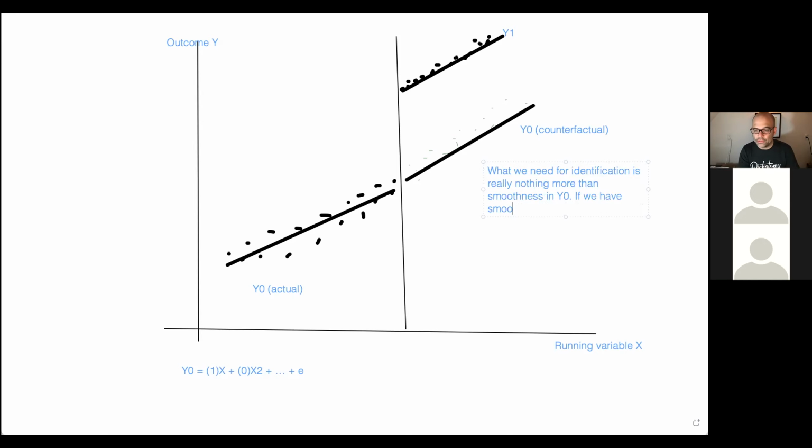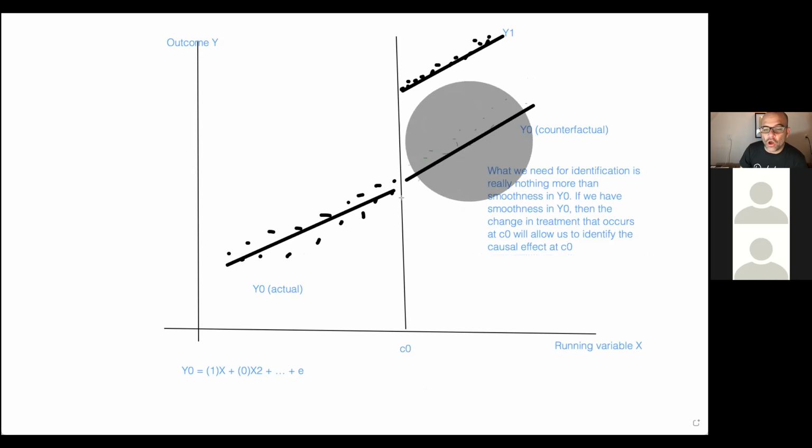If we have smoothness in Y0, then the change in treatment that occurs at C0 will allow us to identify the causal effect at C0. So even though Y0 is based on X, that doesn't create a problem for us so long as that is true. If that's not true, then it'll create a problem for us.